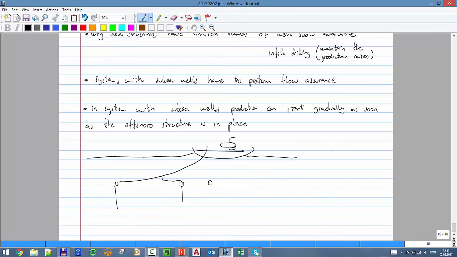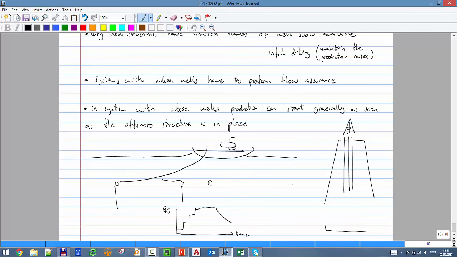Okay, when you have a jacket, for example, on any platform where you have the drilling package on top, really you have to drill all of the wells before startup. Okay, you cannot be doing drilling and production at the same time. If you say Qo versus time, you're allowed to do something like this stepwise, but here really it's just a step and then down.